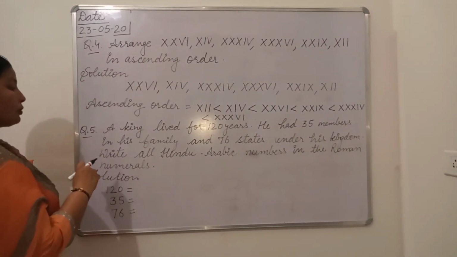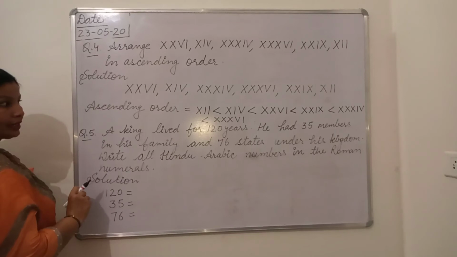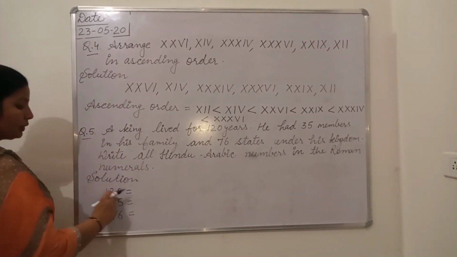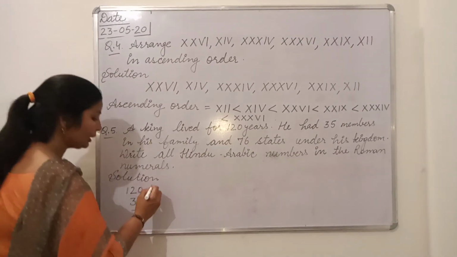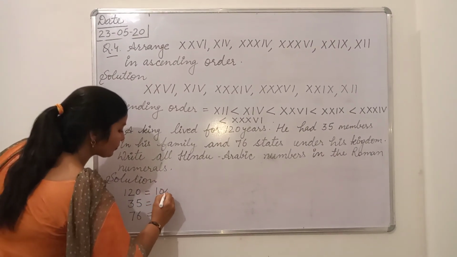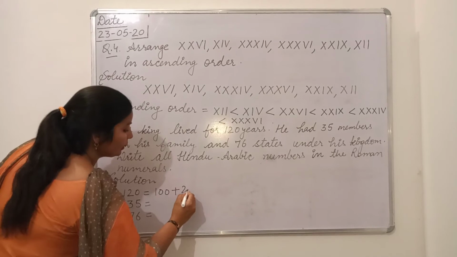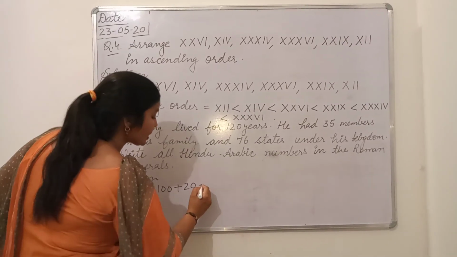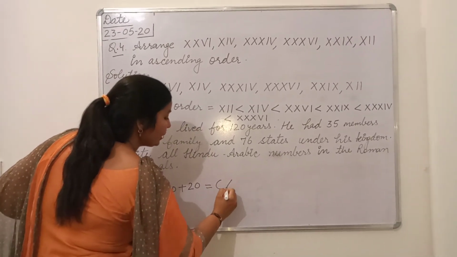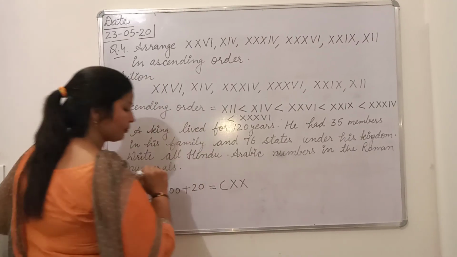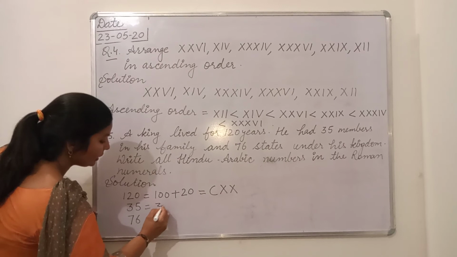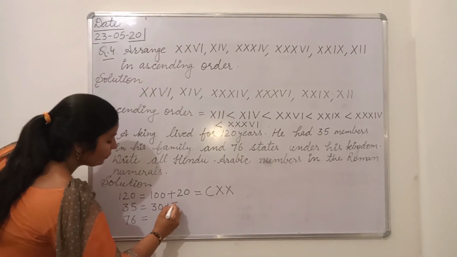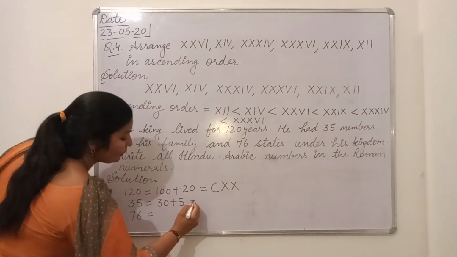Okay. So now we should start our solution. First is given here 120. So now we write 120 in Roman numerals. How to write 120? 100 plus 20. What do we write for 100? C. And for 20? X. Okay. Now 35. How do we write 35? 30 plus 5. So for 30 what do we use?